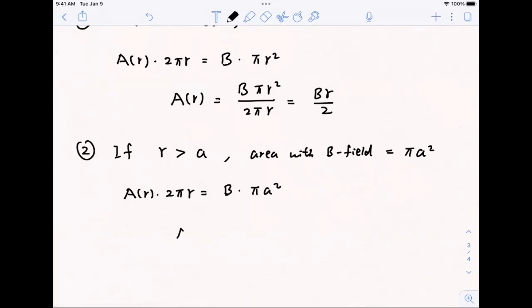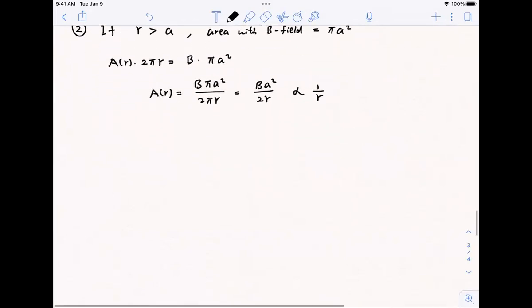Okay, then the A(R) will be B a squared over 2R. It will be proportional to 1 over R. Okay, so the first is proportional to R.